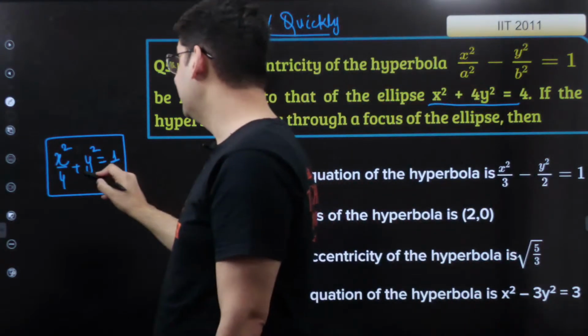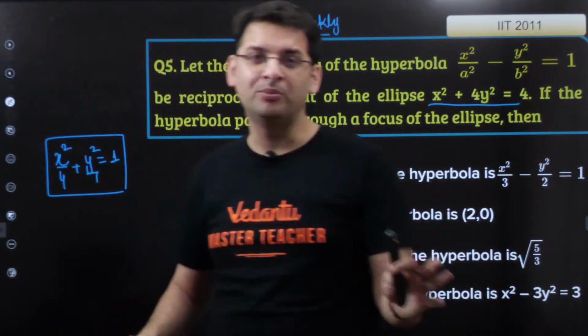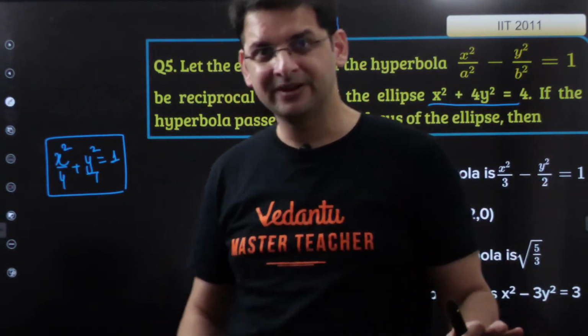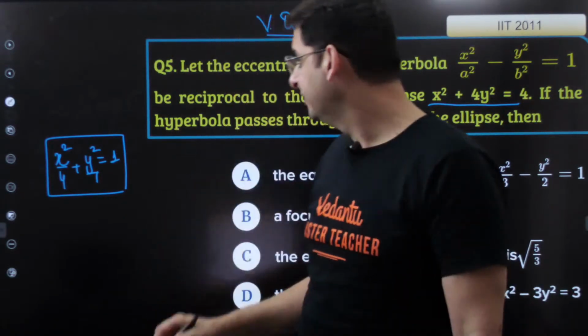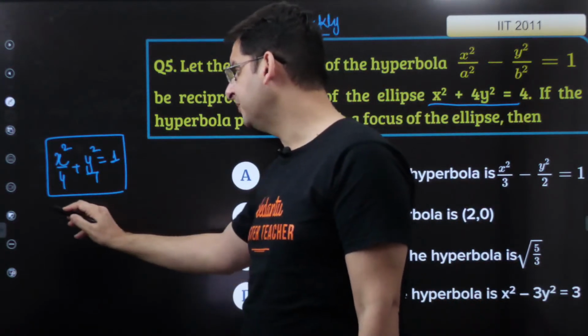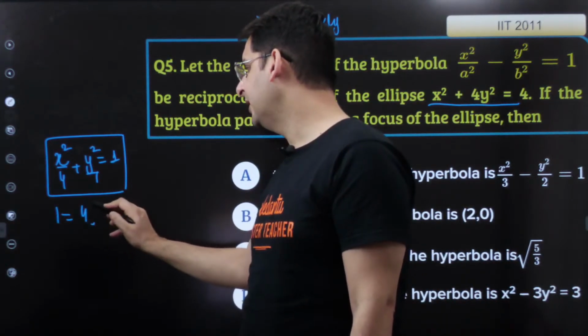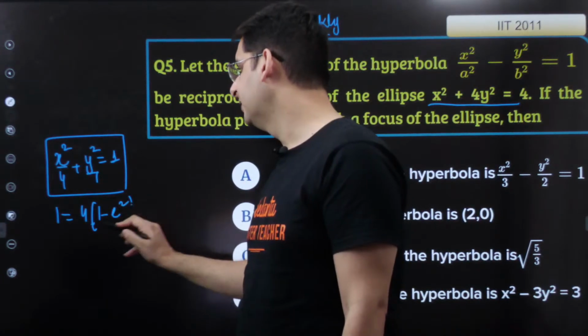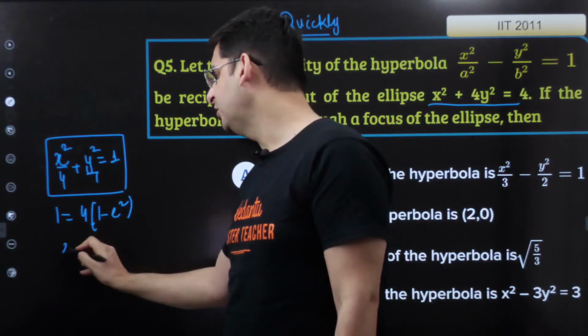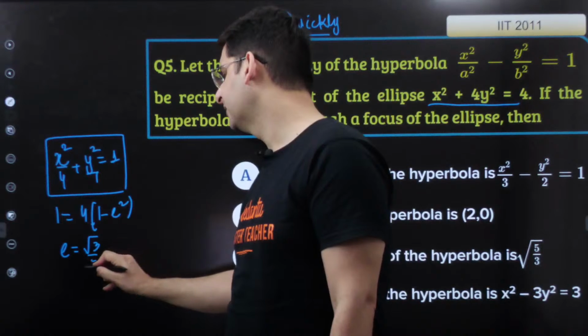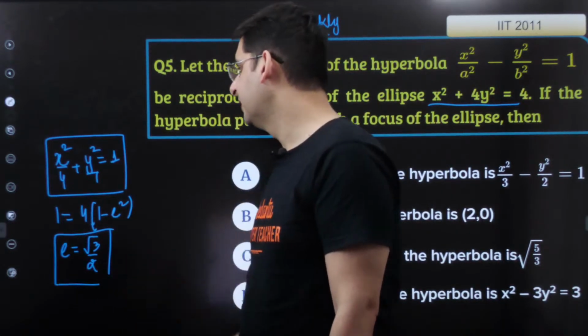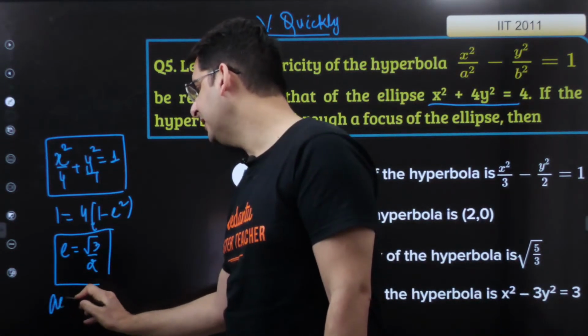Now how do we find it? You should be ready with the formula. Formula should be very clear, right? So 1 is equal to 4 into 1 minus e square. So e is going to be root 3 by 2. A is 2, so AE is going to be root 3.